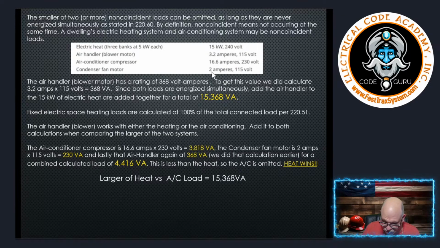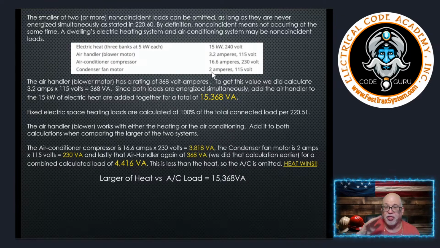So I'm going to take that 3,818 times 1.25, which is 4,772.5, plus 230 plus the 368. That is 5,370.5.